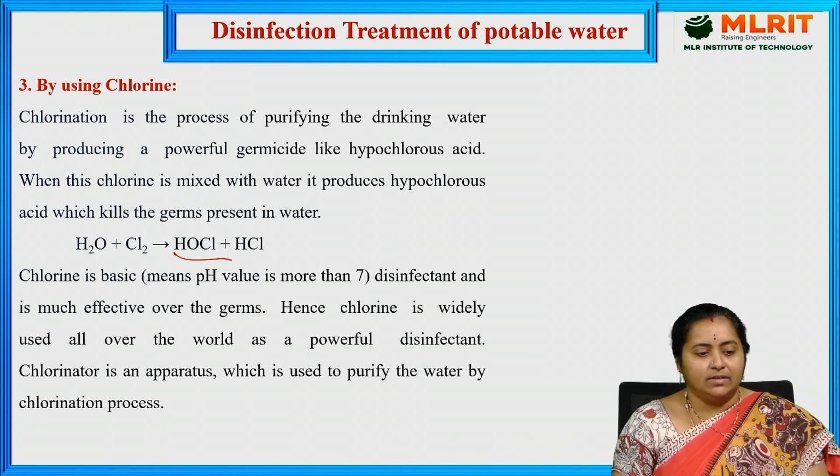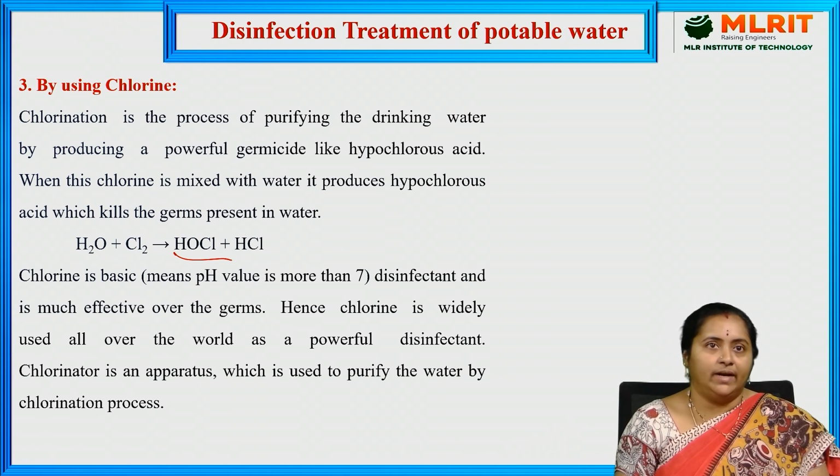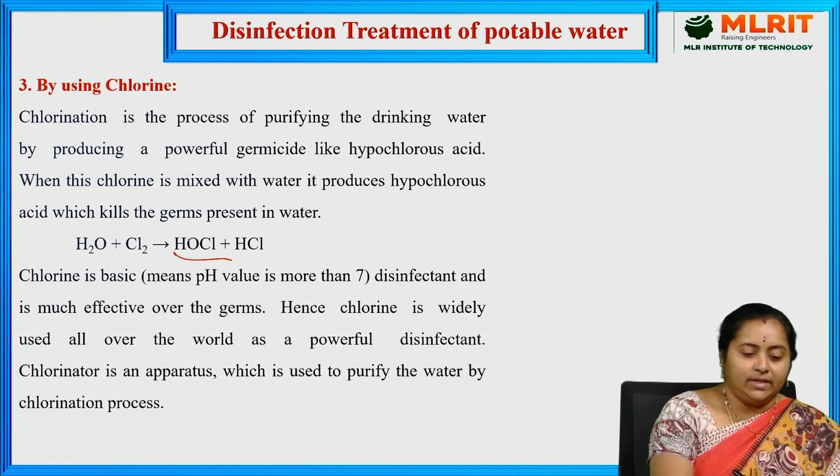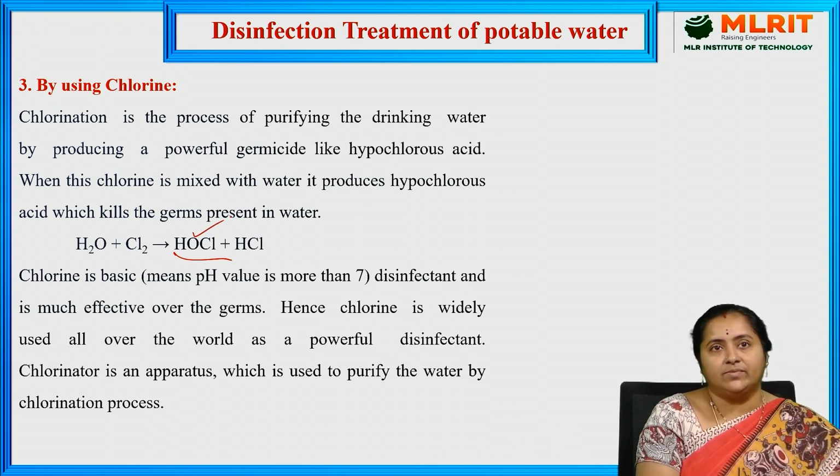Chlorination can be done in another way also, that is by adding liquid chlorine to the water sample. In that case also, hypochlorous acid will be obtained as one of the products, which is a very good germicide.